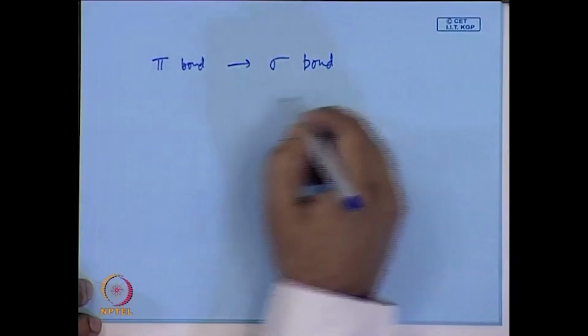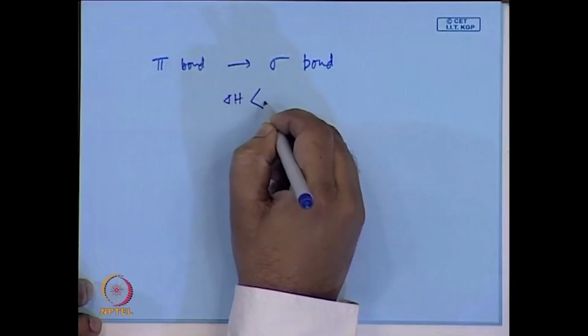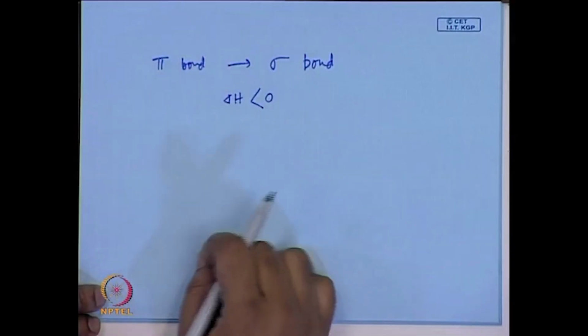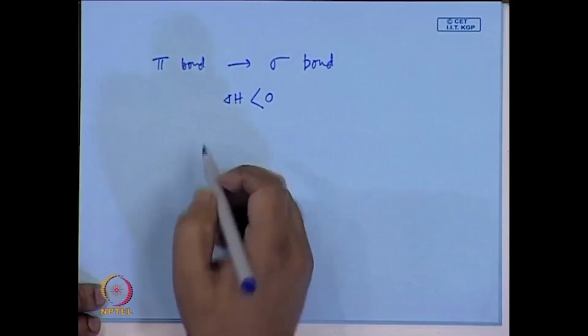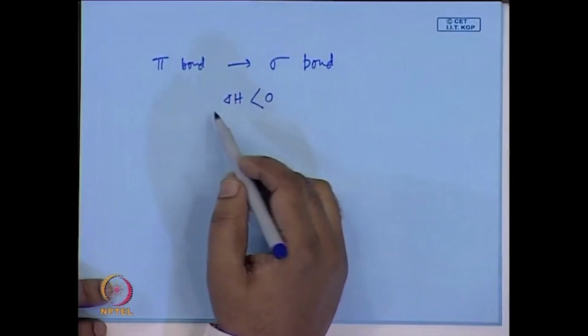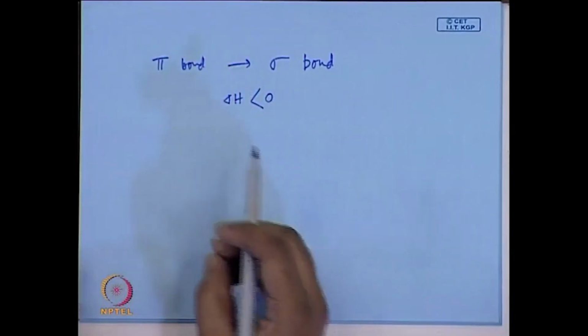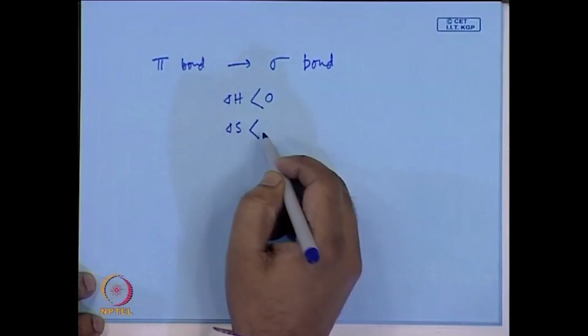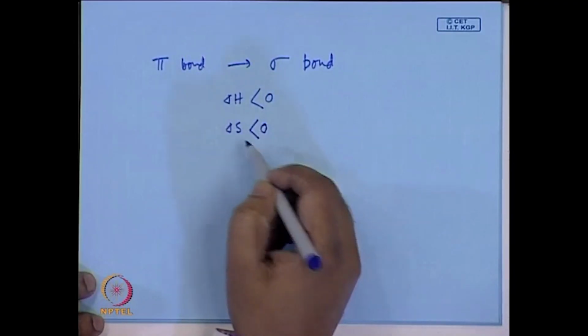This reaction definitely has an exothermic nature. We can also imagine that when the monomers add on to form high molecular weight polymers, the translational entropy decreases. So in this case the entropy change is also lower.